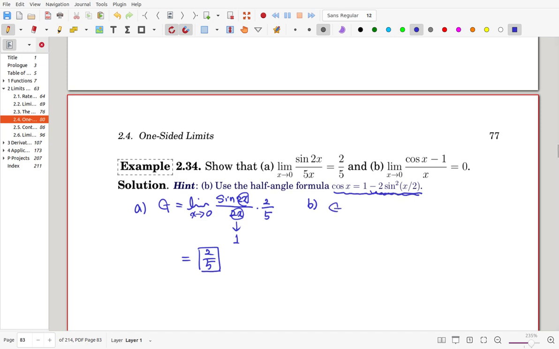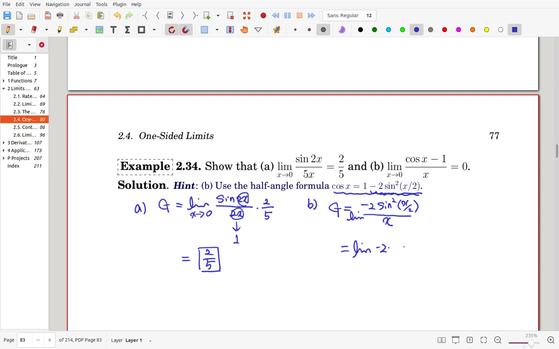So the given left side term is the same as minus 2 sine squared x over 2, divided by x. Of course, here we have a limit. We'll try to use the theorem. So we can write this one in this way, limit. Okay, let's put minus 2 separately.